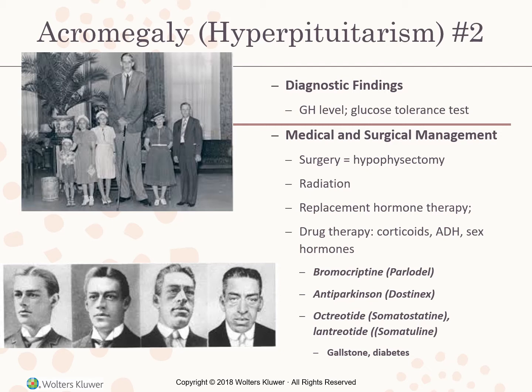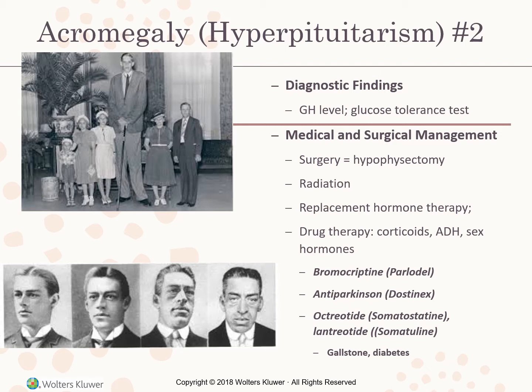So some medical treatment will include oral administration of bromocriptine mesylate, which is Parlodel, an oral anti-Parkinson drug that inhibits release of growth hormone in clients with acromegaly. Or we can also give cabergoline, which is Dostinex. We can also give parenteral injections of Sandostatin, Somatuline, and Somavert.